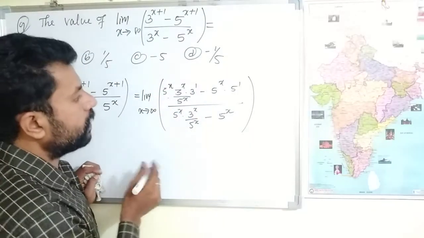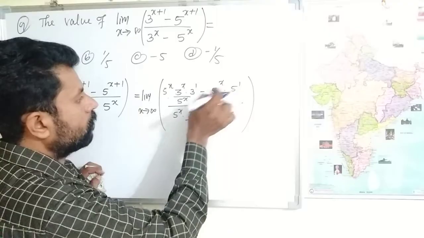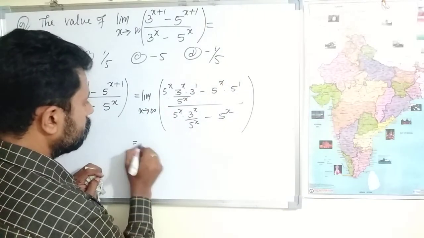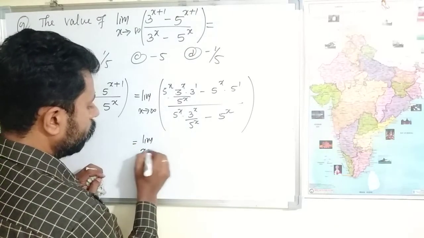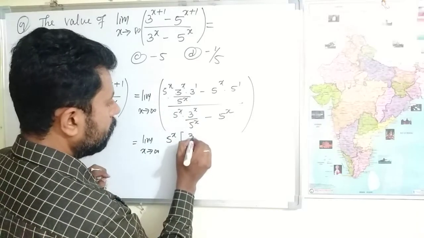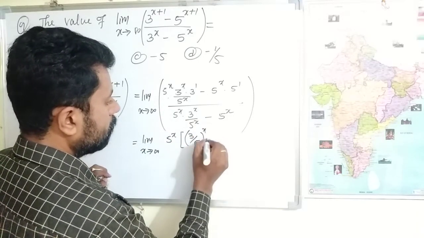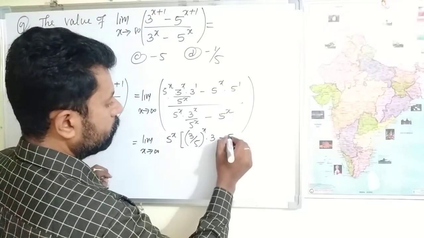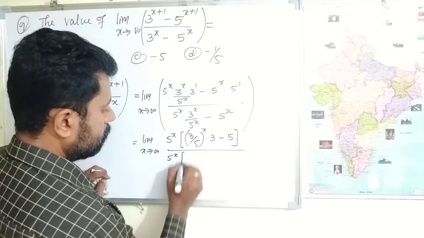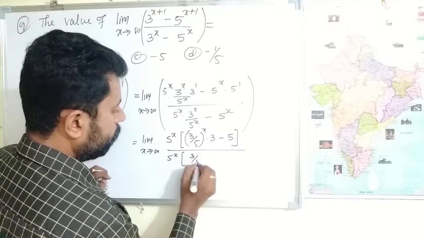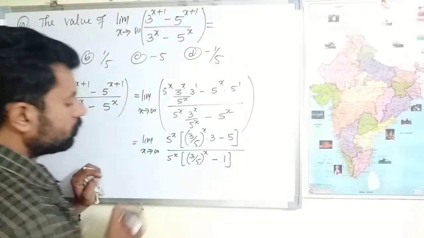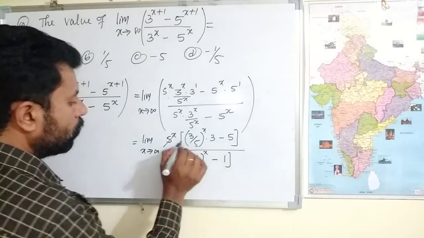Now we can take 5 to the power x common in both numerator and denominator. We get 5 to the power x times the remaining result, 3 by 5 whole to the power x into 3 minus 5. Denominator: 5 to the power x into 3 by 5 whole to the power x minus 1. 5 to the power x and 5 to the power x get cancelled.